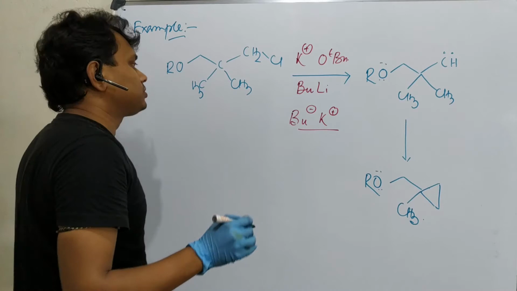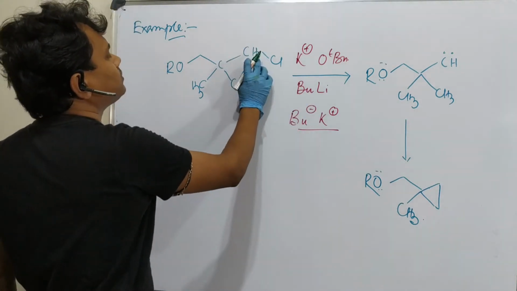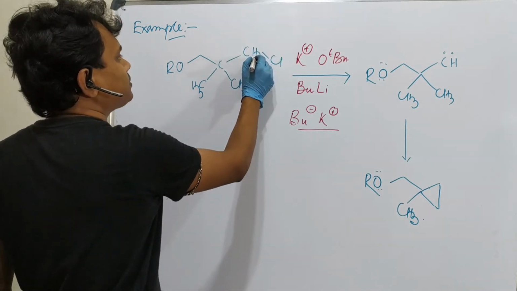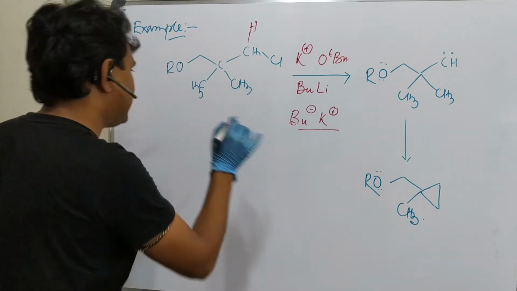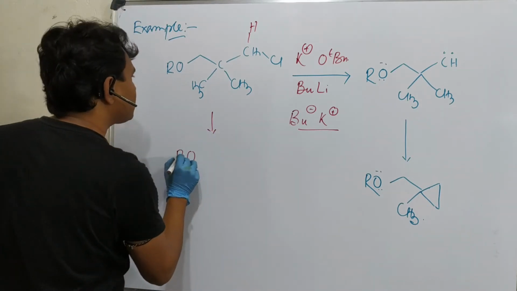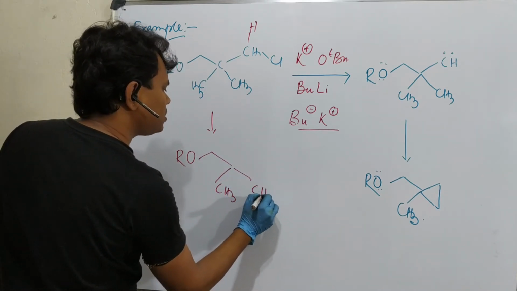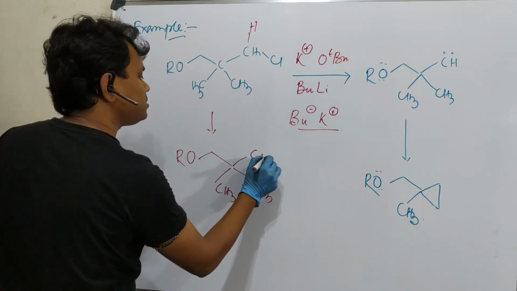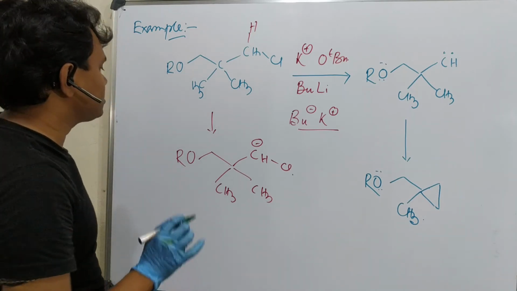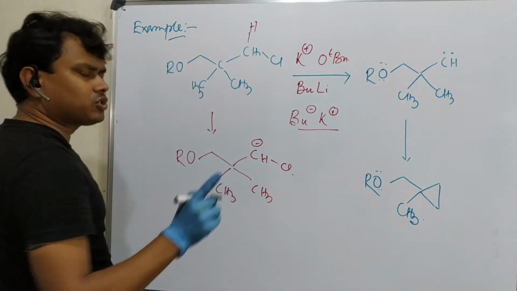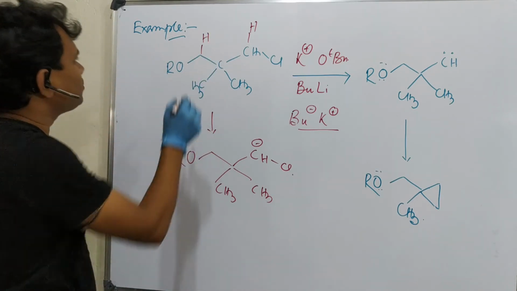So what is expected? This Bu minus can abstract this hydrogen. Now you may ask why. I'll explain. This is OR, CH3, this is CH minus Cl. Why is this abstracted? Because it is attached to an electronegative atom, and that argument is also applicable here. But the question is, why not here?